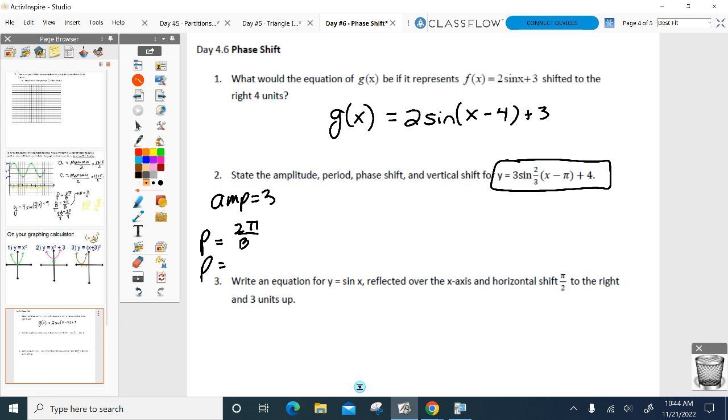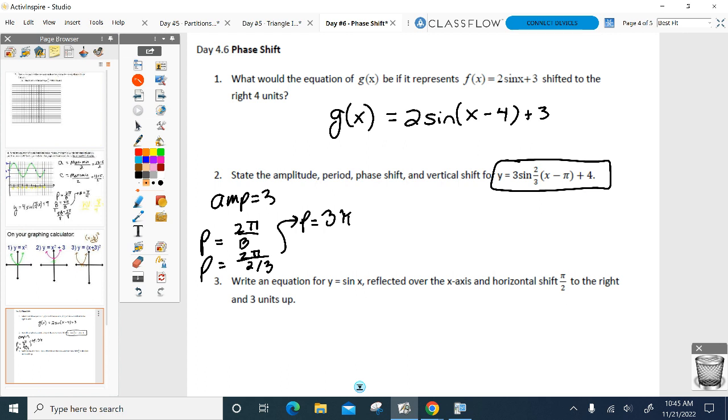Still there, right next to the x. So 2 pi over 2/3. You guys got to do a little skip flip, right? Maybe cross out something if you can. I think the 2's cross out. And what's the period of this one? 3 pi. Everyone all right? 3 pi.